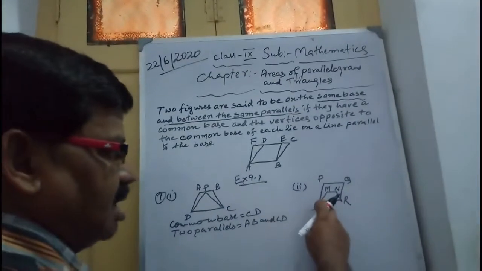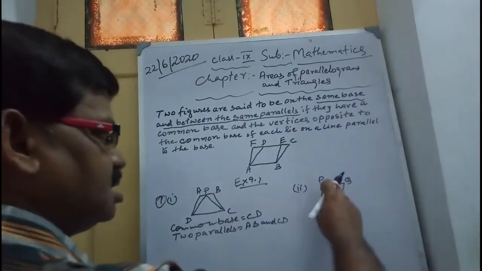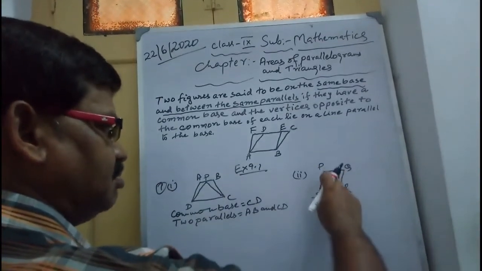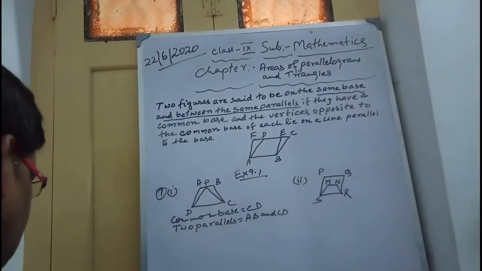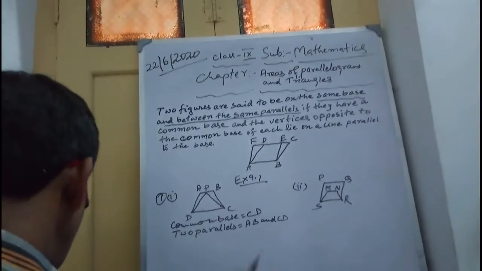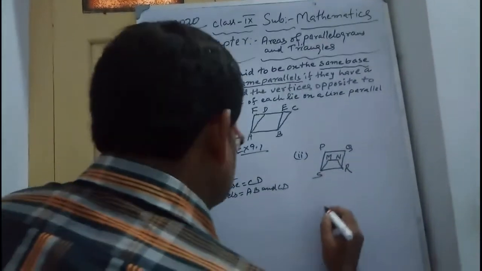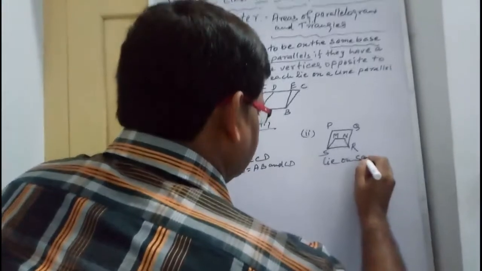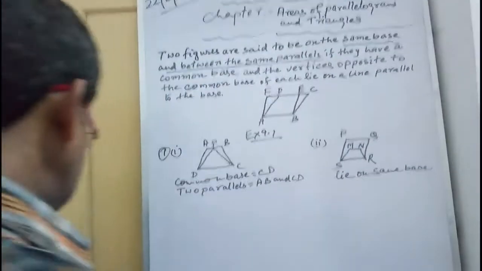Both these figures are on the same base, but not between the same parallels, because there is AB and another is PQ, so they are not parallel.